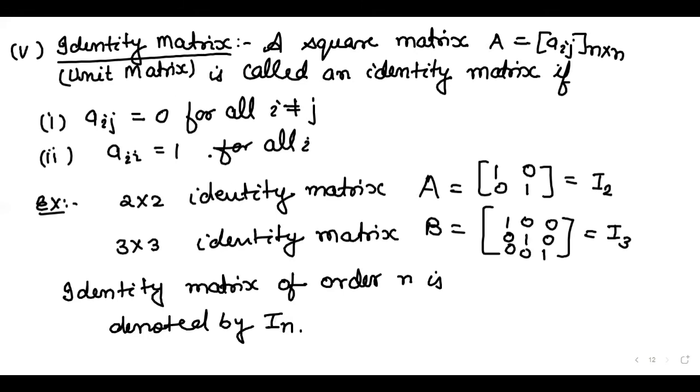Now the next type, that is the null matrix or zero matrix. A matrix whose all elements are 0 is called a null matrix or zero matrix.